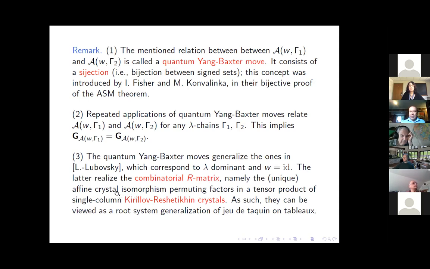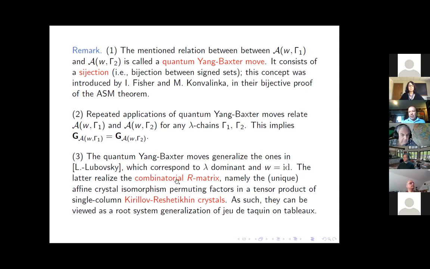So this is a unique affine crystal isomorphism, which permutes tensor factors in a tensor product of these affine crystals, Ashwara crystals called Kirillov-Reshetikhin crystals. In this case, indexed by single columns, but that's not so important. So these moves are realizing in a uniform root system setup this combinatorial R matrix.